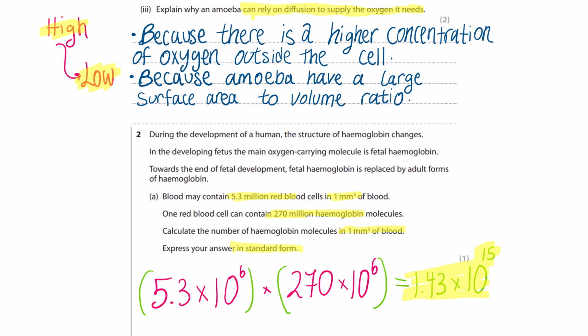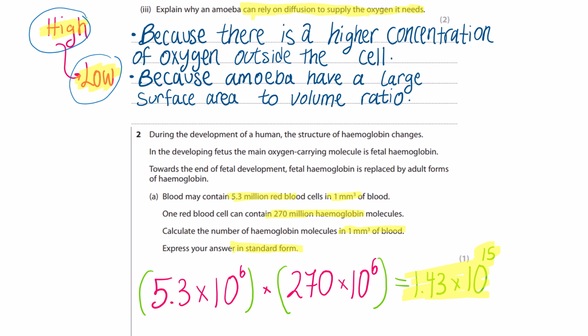Okay, explain why an amoeba can rely on diffusion to supply the oxygen it needs. Well, remember that in diffusion, the oxygen is going to go from a high concentration to a low concentration. Therefore, it's a passive process, meaning it does not require any energy. So the first point should be because there is a higher concentration of oxygen outside of the cell.